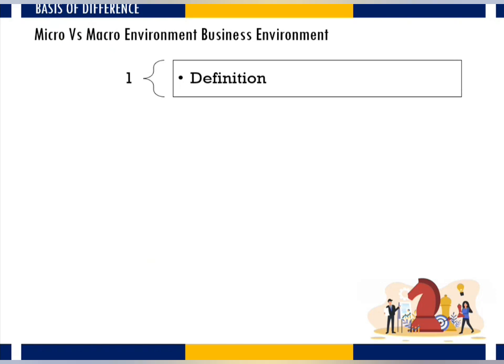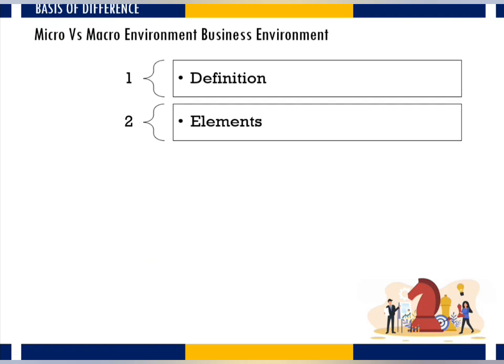The micro environmental elements include factors like functional areas of business. It includes competitors, suppliers, customers, and other marketing intermediaries. It also includes other stakeholders like government and also the shareholders of the organization.